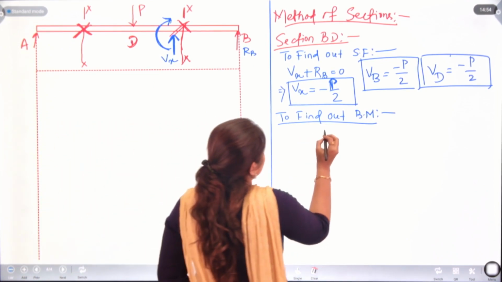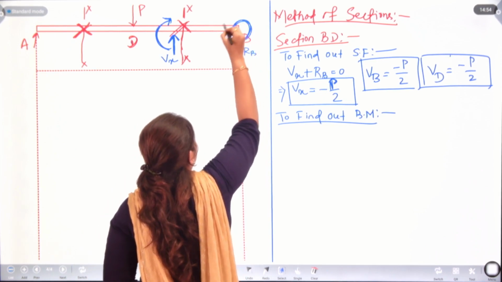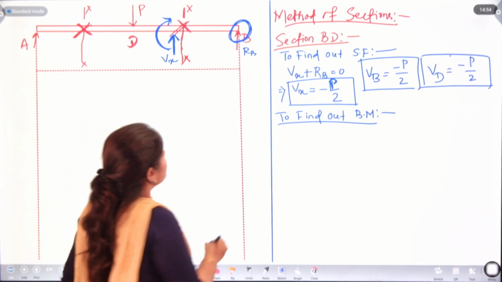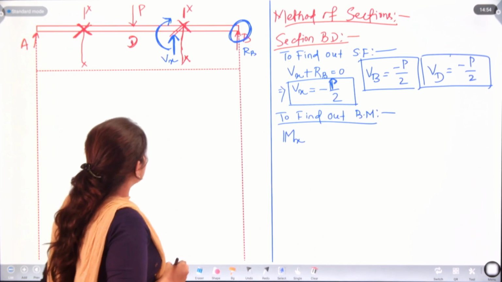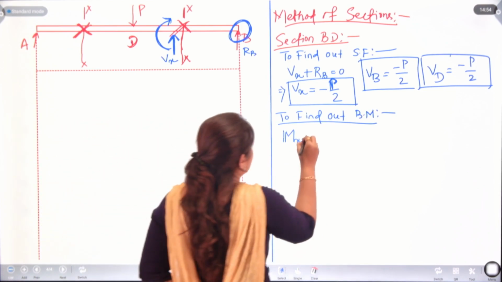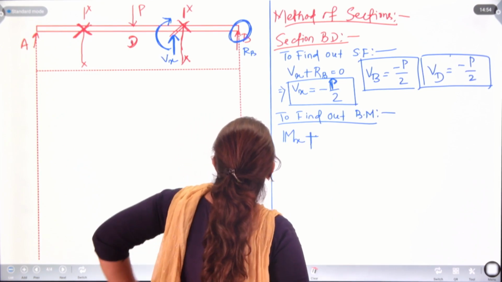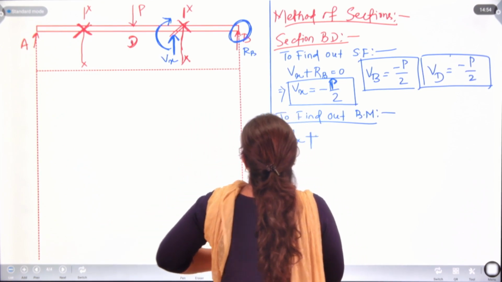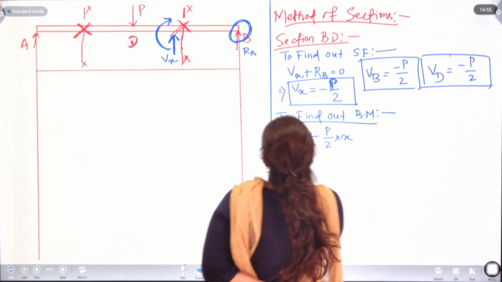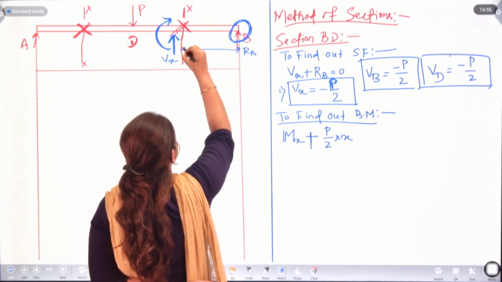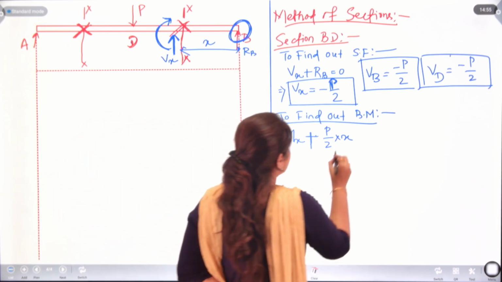So, as in case of moment at B, let's start, Mx plus the force Rb, which is equal to P by 2, P by 2 into x. This distance is x. So, P by 2 into x.